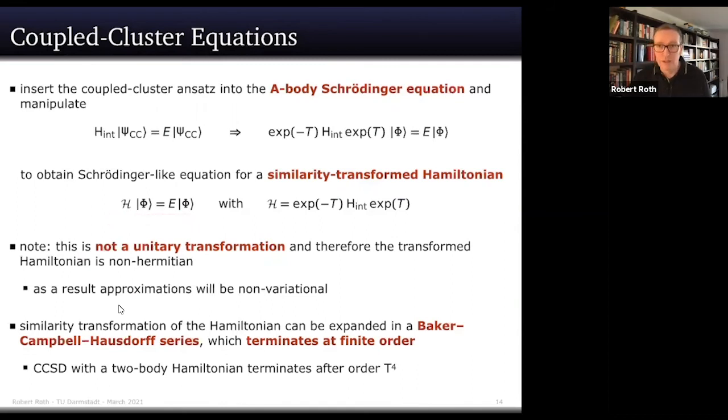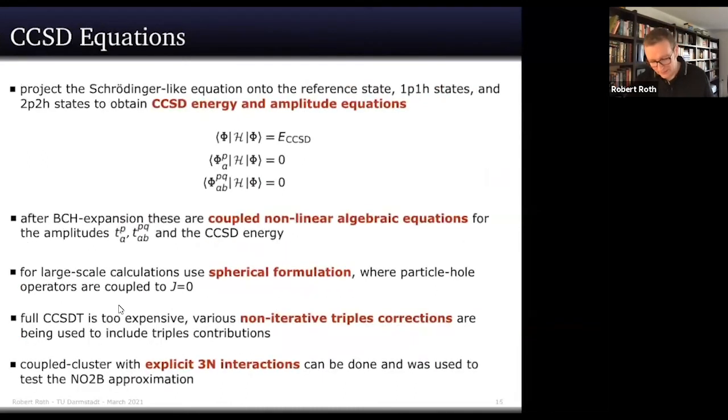It looks like an eigenvalue equation, but it isn't, because you already know what this state is. The things you don't know are the energy and the t coefficients, which are hidden in the similarity transformed Hamiltonian. And you have to do something other than solving an eigenvalue problem to determine these t coefficients. And what you do is you take this full equation and multiply from the left with the reference state, with a 1 particle 1 hole excited state, with a 2 particle 2 hole excited state.